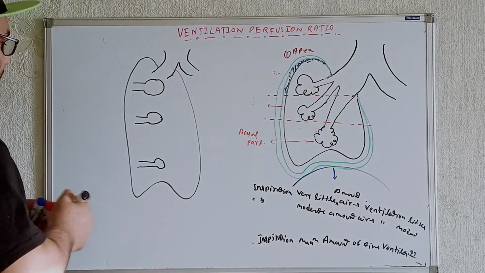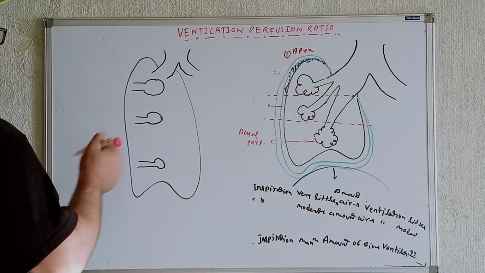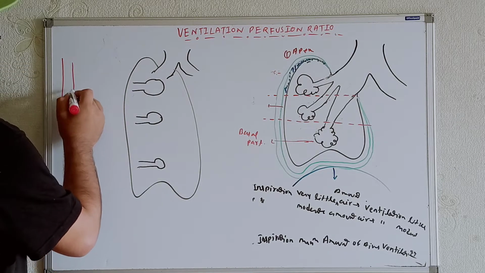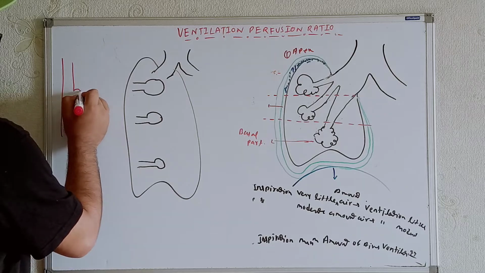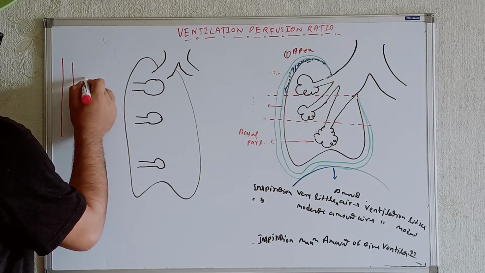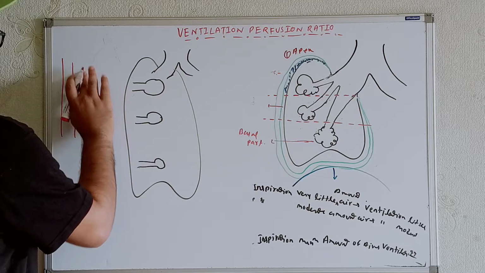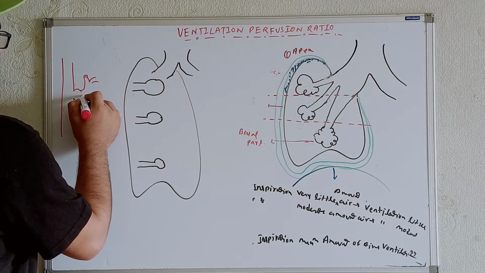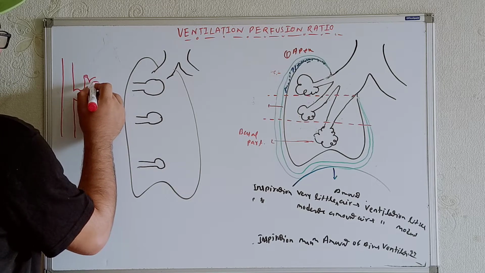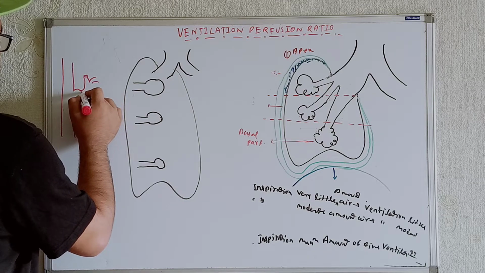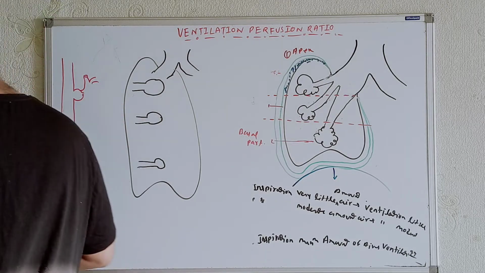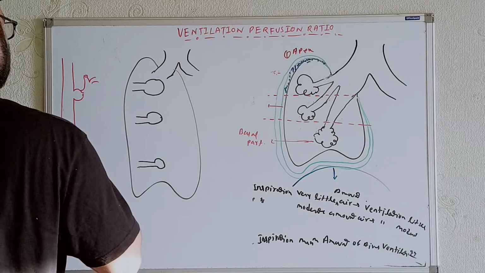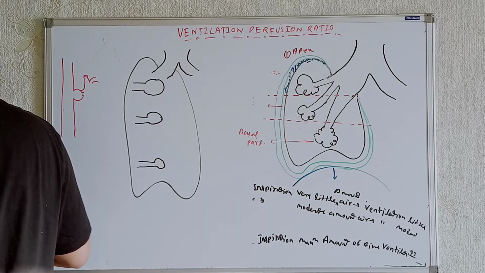Okay, now we will try to draw the right heart over here, from where the blood is coming. Let's draw in this way. So let's make the pulmonary artery over here, then it will be easier for you.